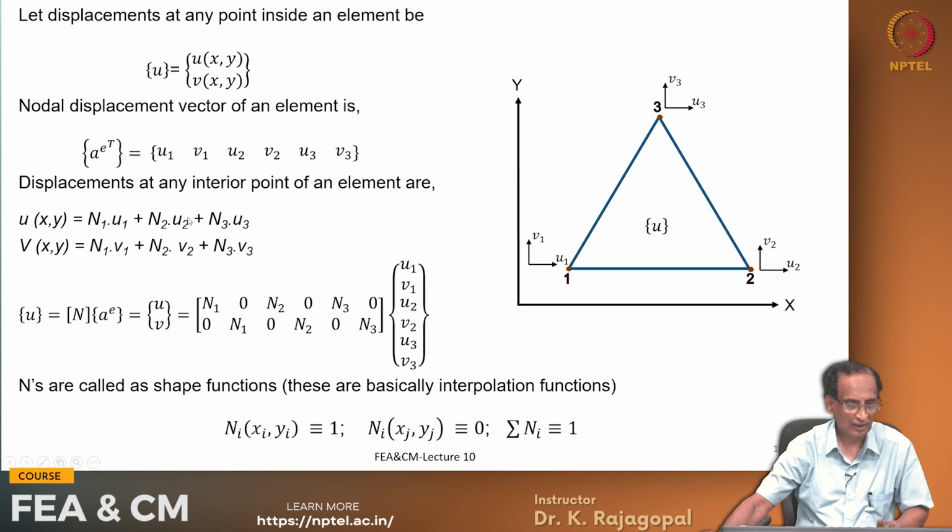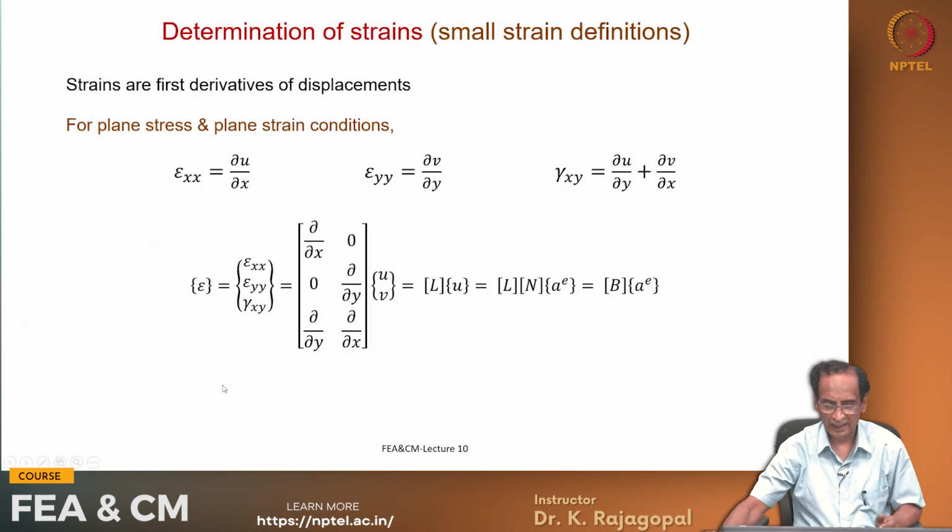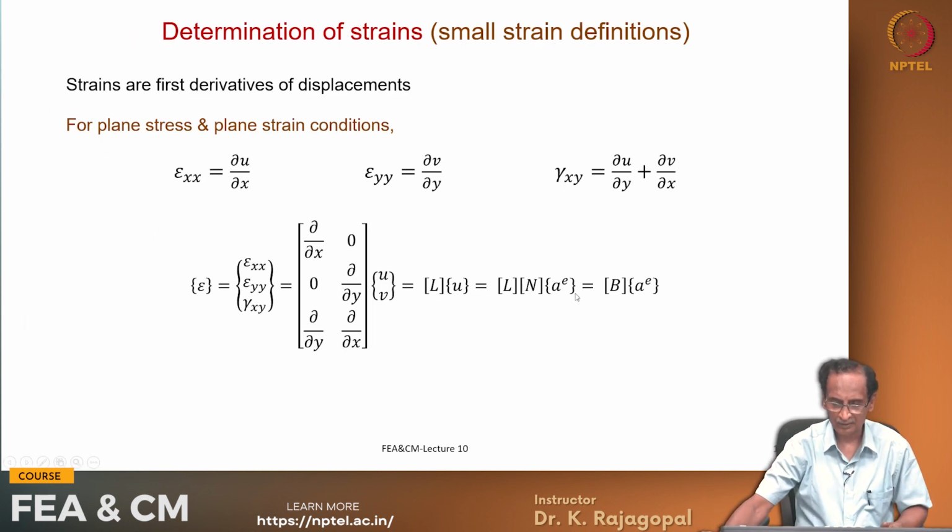Okay. Here we have seen that our internal displacement u can be written as N times AE, where N is the shape function matrix and AE is the vector of nodal displacements. So, our L times N we can write as B, and so our epsilon we can write as B times AE, where B is actually the derivatives of the shape functions that we will see in the next step.